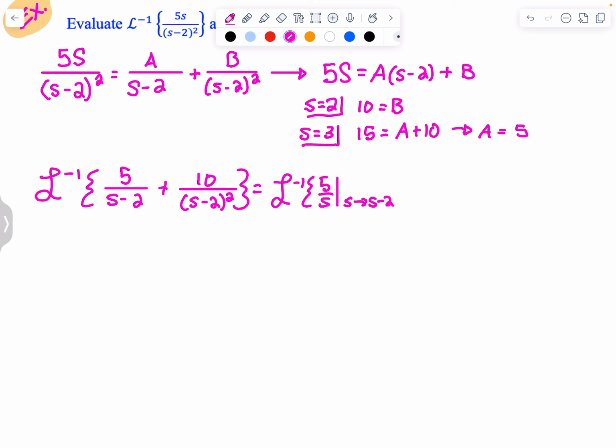That's going to help me remember to do the e. And then plus the inverse Laplace of 10 over s squared. And then I need to remember to take my s to my s minus 2.